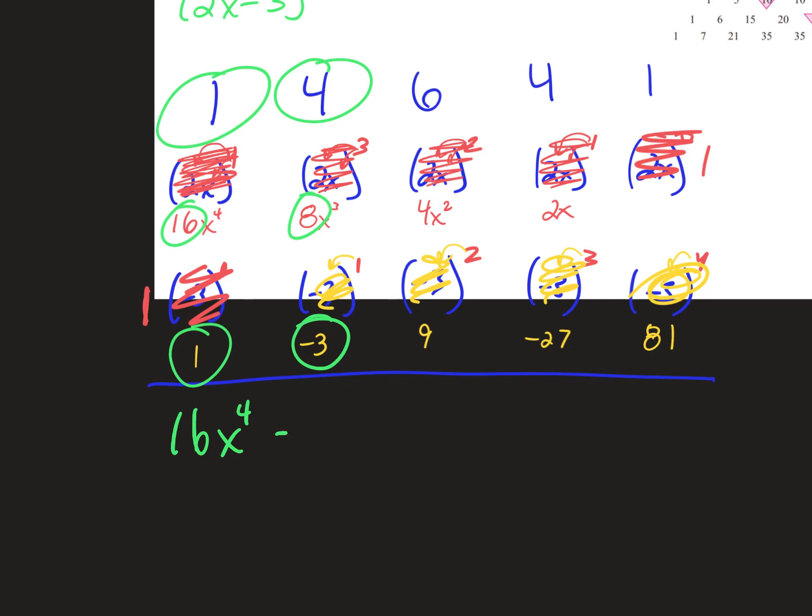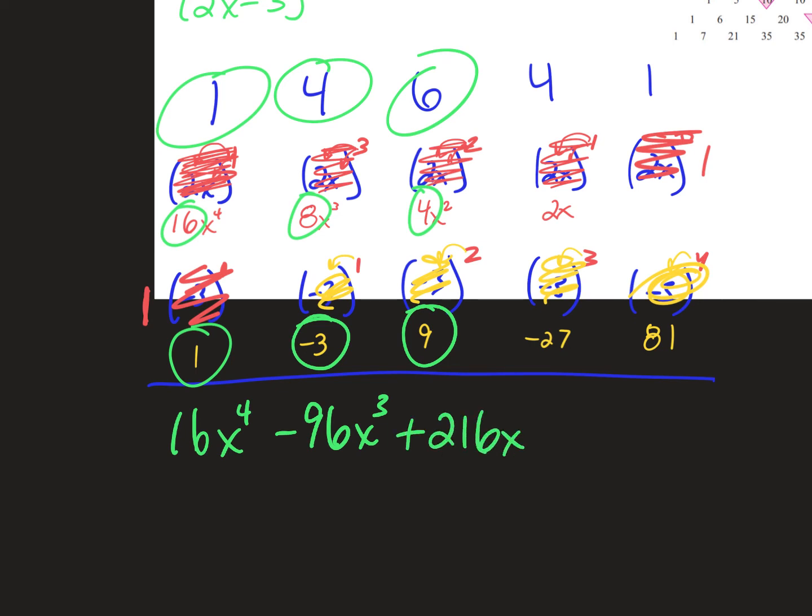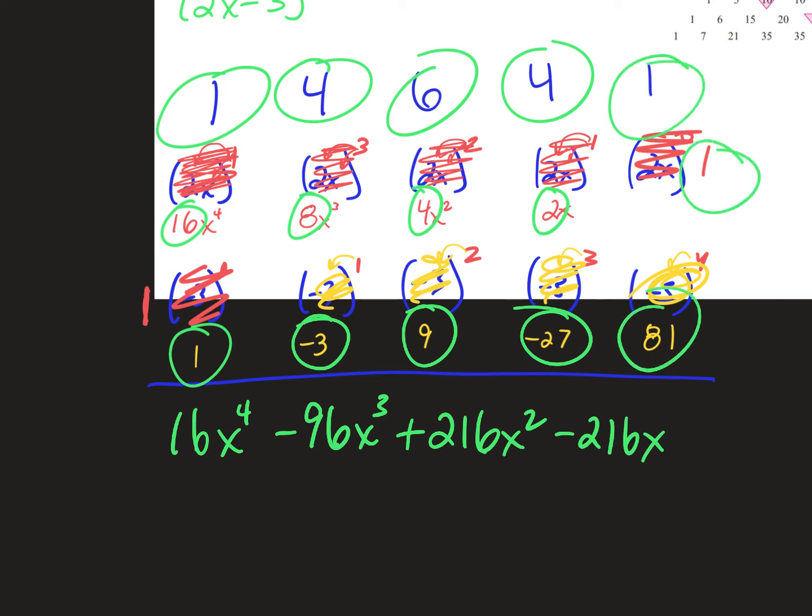Negative 96, x cubed. All right. What's 6 times 4 times 9? Plus 216, x squared. What's 4 times 2 times negative 27? Negative 216x. And then what's 1 times 81?